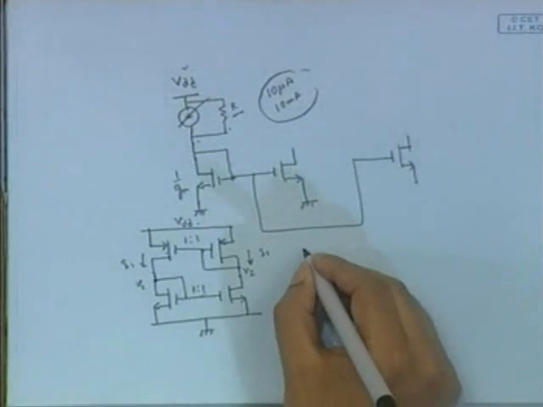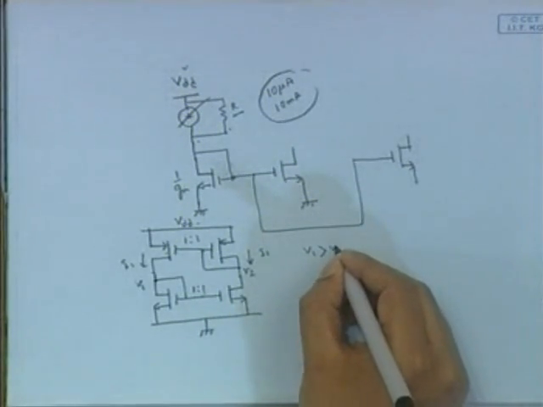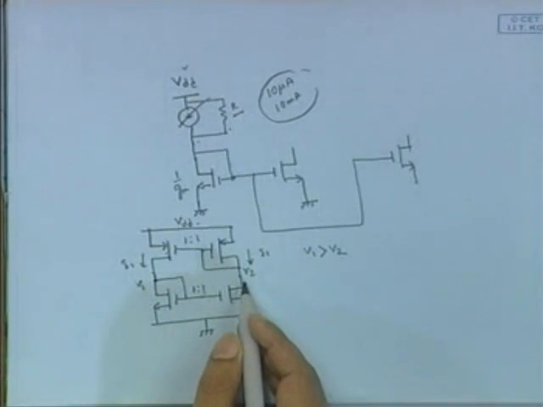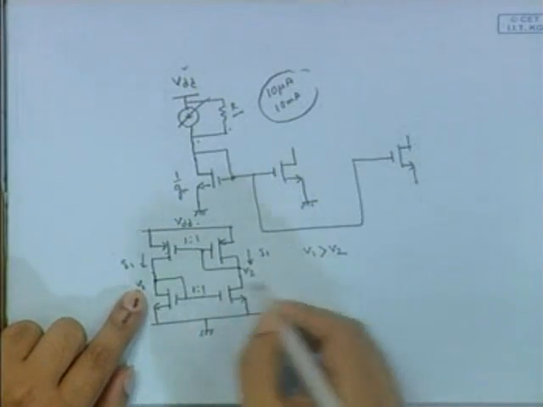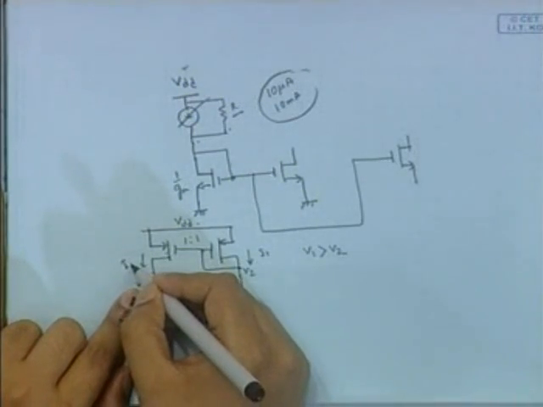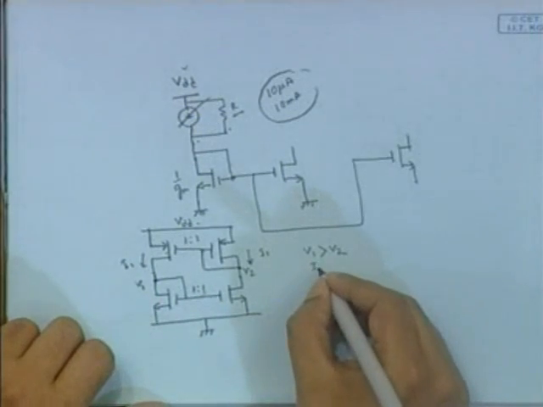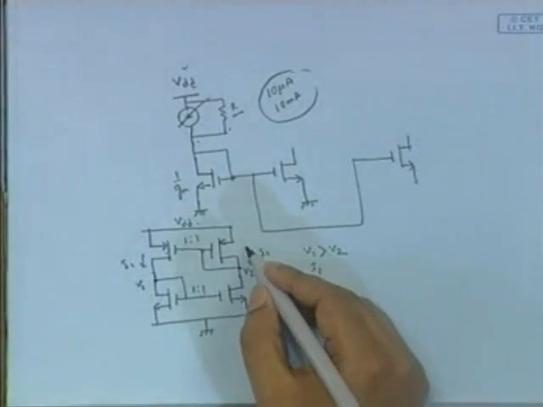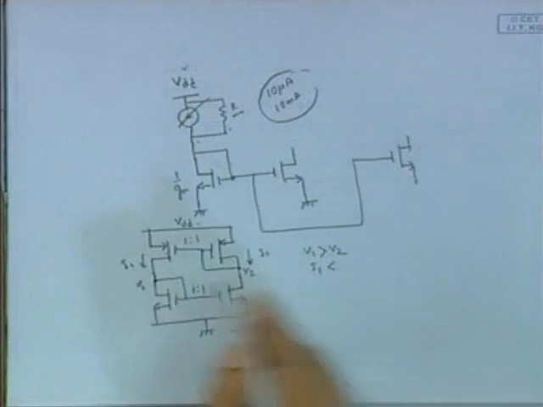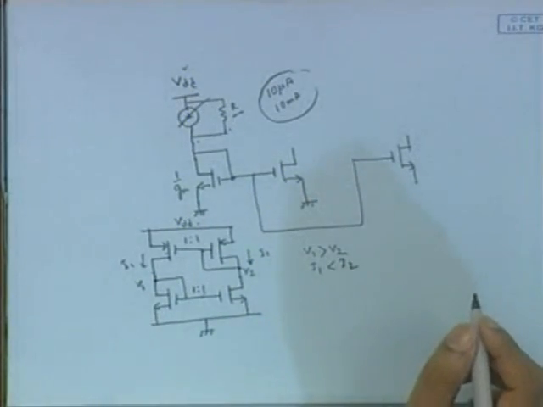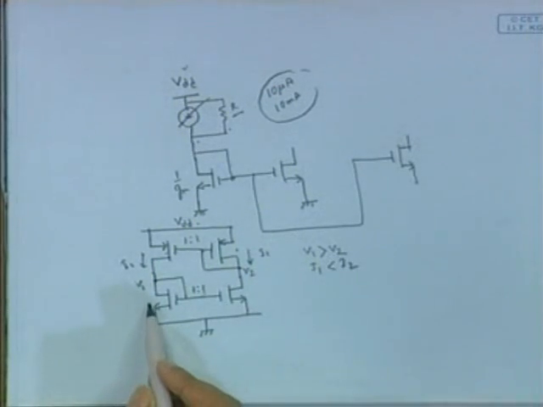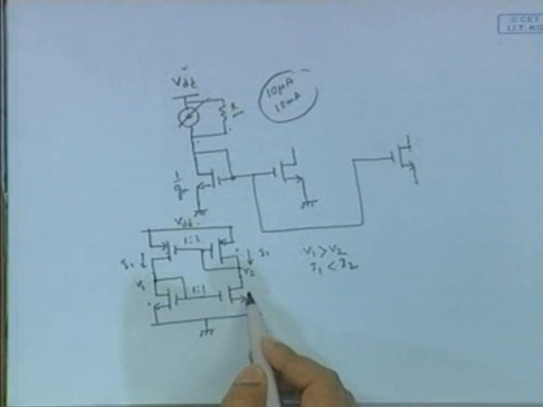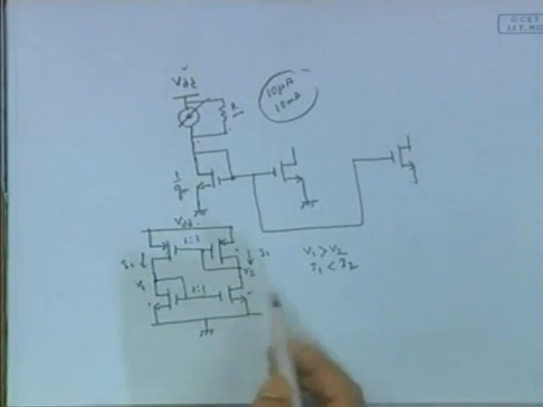Let for example V1 be greater than V2. If V1 is greater than V2, that is, if V1 is high, this I1 will be less, that is, the current through this one should be less than the current through this one, I2. So this one less than this one means the current through this transistor is less than the current through this transistor.